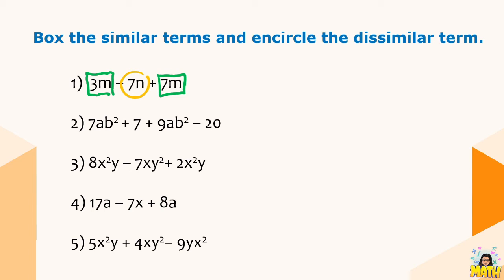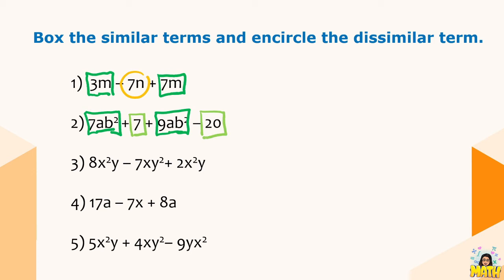Next, the literal coefficients a b squared. This one is also a b squared. So, we can say that these two are similar terms. Then, ang natitira ay 7 and negative 20. Pareho silang constant term at walang variable. So, 7 and 20 are still similar terms.